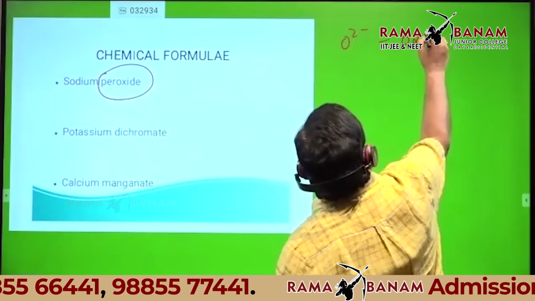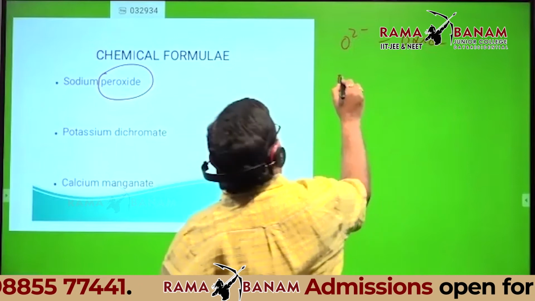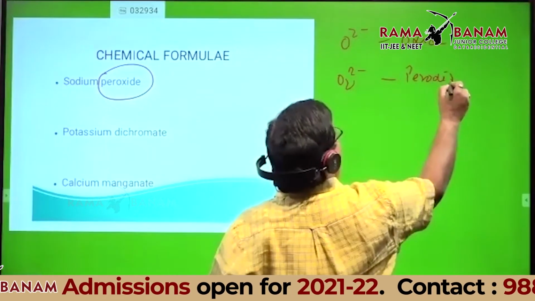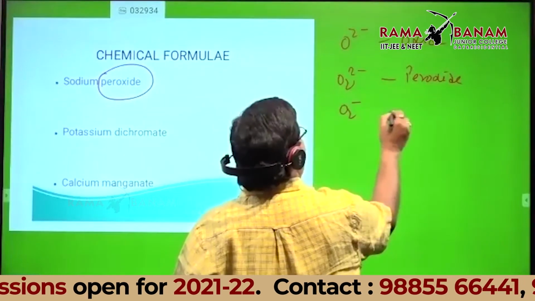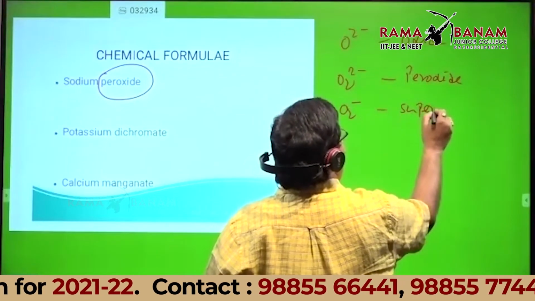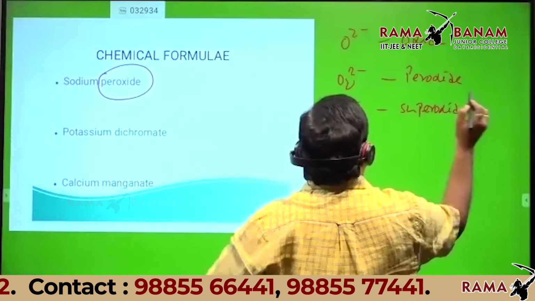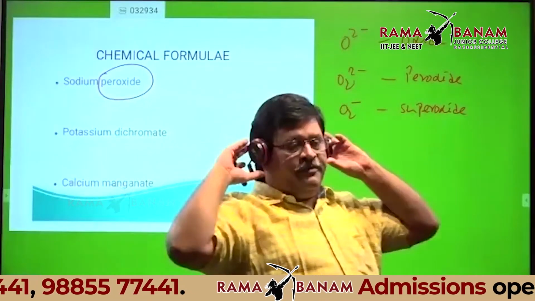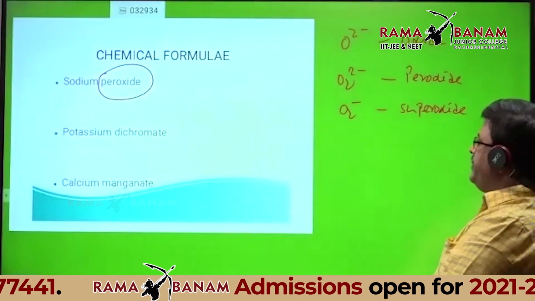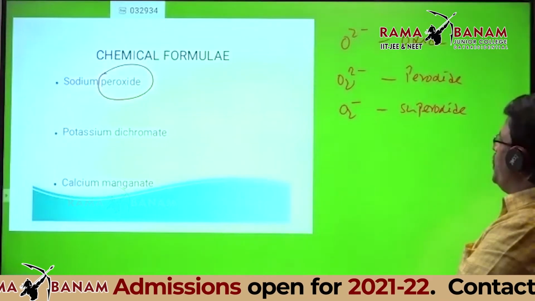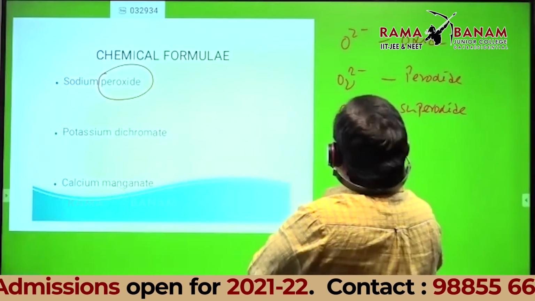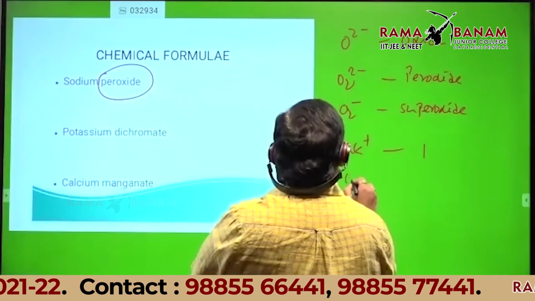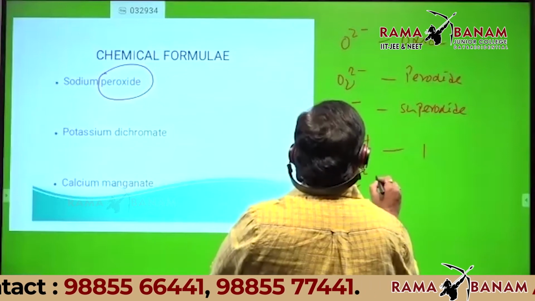O2 2 minus is peroxide. O2 minus is superoxide. So don't confuse. Oxide is different, peroxide is different, and superoxide is different. Here I ask for sodium peroxide. Sodium ion is Na plus. Peroxide ion is O2 2 minus.